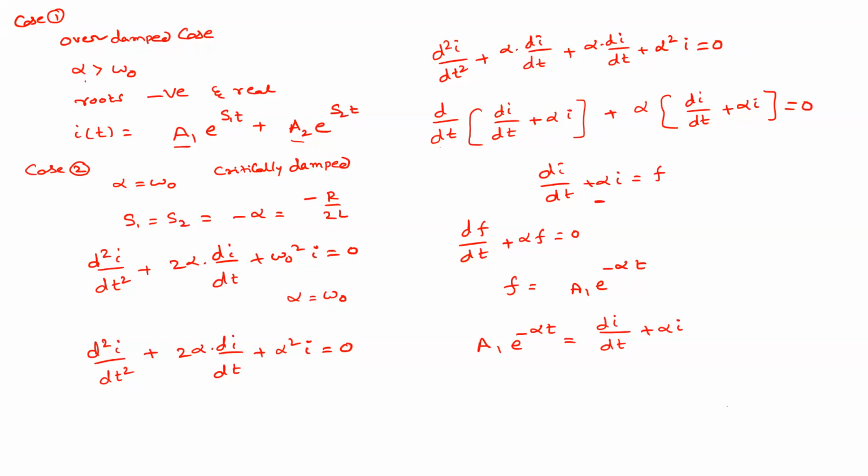Okay. So if you rearrange these terms, it will be e to the power of alpha t into di by dt.